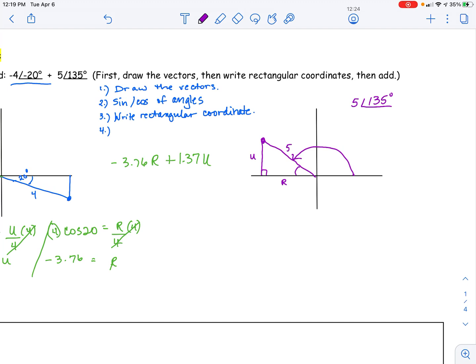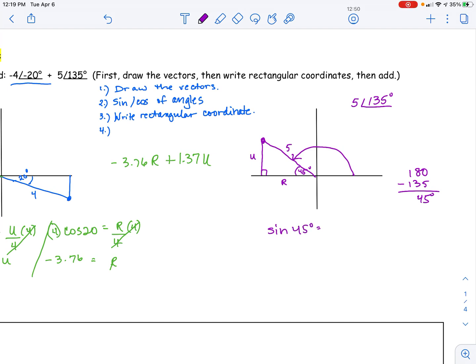That was our direction. Now let's see if we can figure out what the actual measurement is to the x-axis down here. So 180 would be all the way there. So we subtract 135 from that, and we're going to get 45 degrees. So this angle in here is 45 degrees.